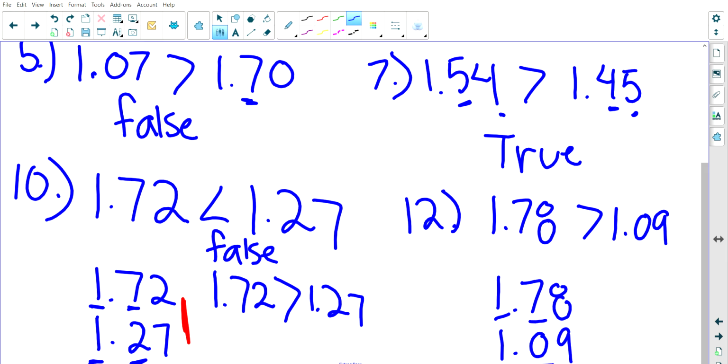I see that 7 and 0 are different, so I can stop there and compare. 7 is greater than 0, so that means that 1 and 78 hundredths is greater than 1 and 9 hundredths. That means that this original sign was true.